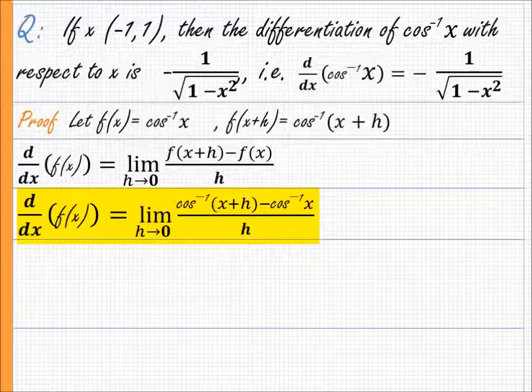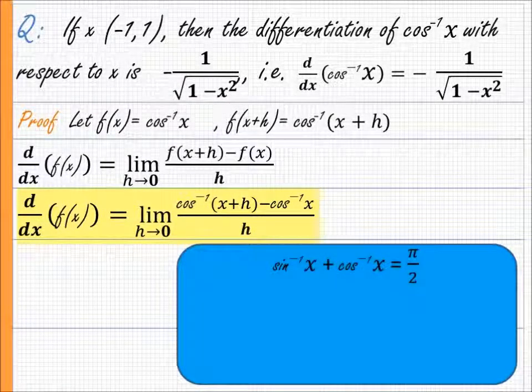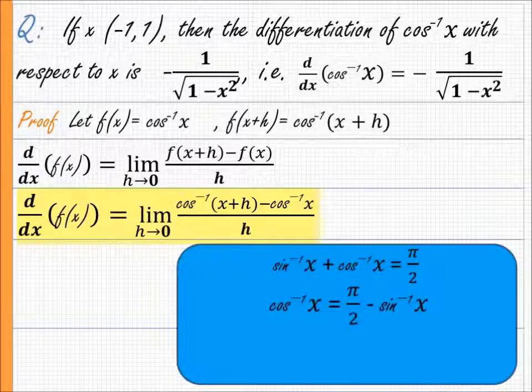And if you remember, in the chapter on inverse trigonometric functions, you have already learnt that sine inverse x plus cos inverse x is equal to half pi. So cos inverse x can also be written as half pi minus sine inverse x.